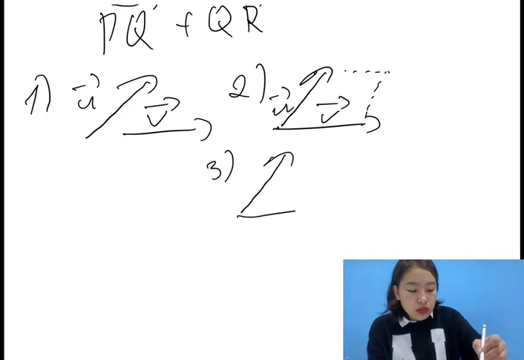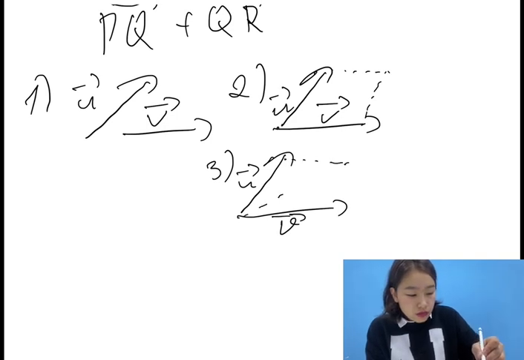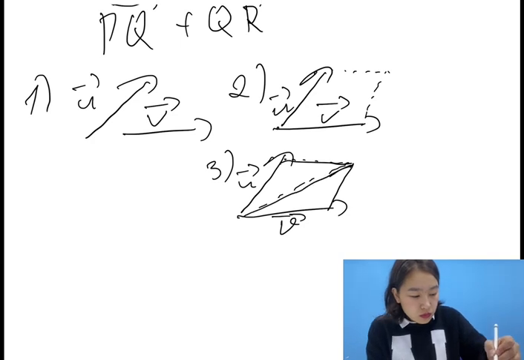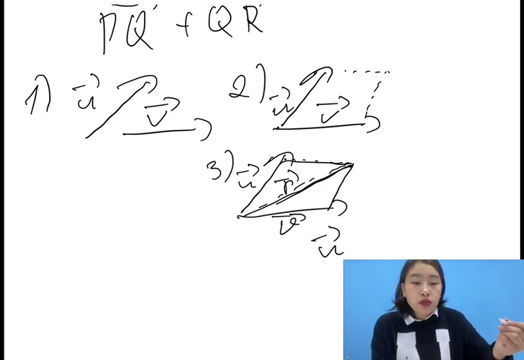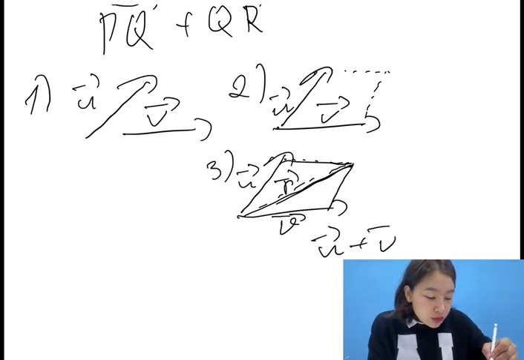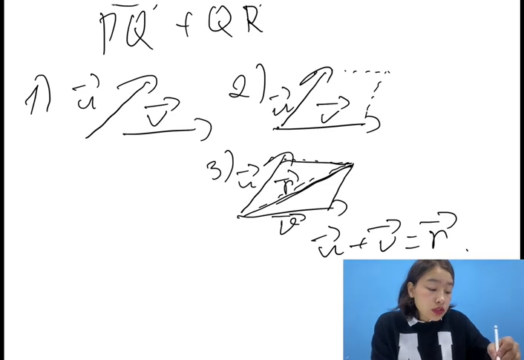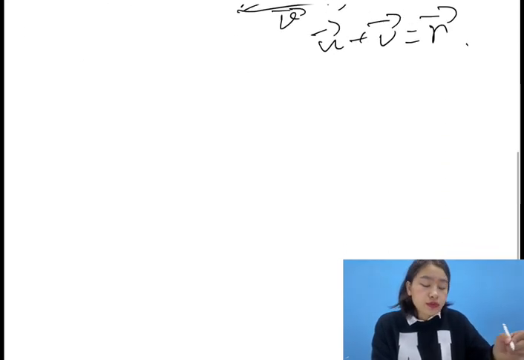The third one will be, again, draw those vectors, U and V, and the fixed point where the connection vector will be the R, and we find that the sum of the U and V vector is equal to the R vector.